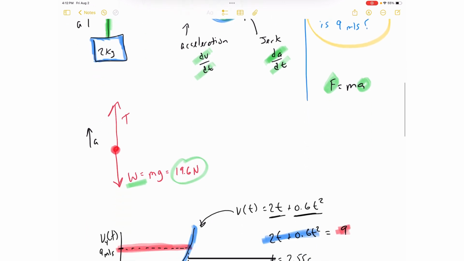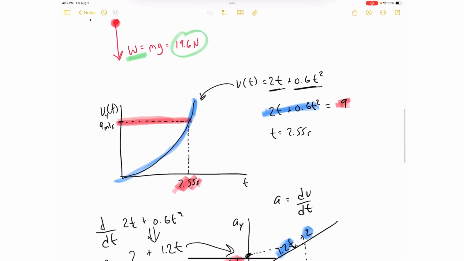Great. And so just to recap, what I did is I created my velocity as a function of time. I knew the 9 meters per second. I knew this part. But then I had to figure out the 2.55, and all I did is I set the velocity function, 2t plus 0.6t squared, equal to 9.